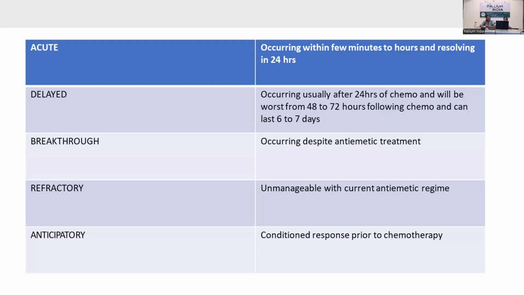Now, what is breakthrough? The third one. Breakthrough means you are giving an antiemetic. A patient comes to you and you are the sister. You give some tablets, antiemetics, and the vomiting reduces, but in spite of giving medicine he had 2 episodes of vomiting. That is known as breakthrough. You have heard about breakthrough pain, right?